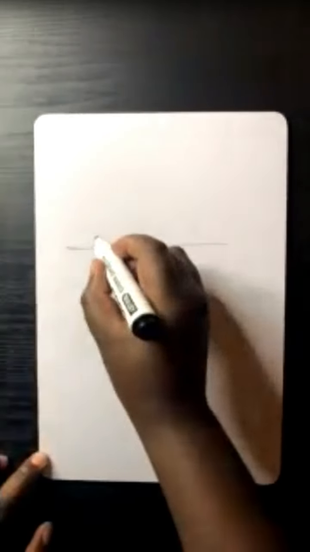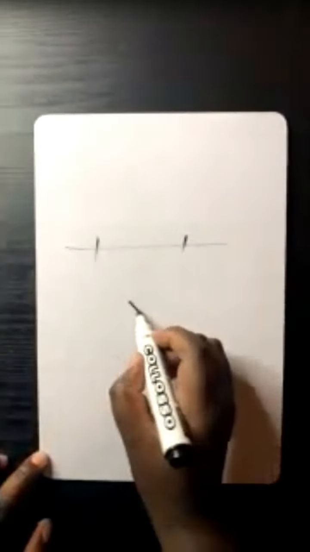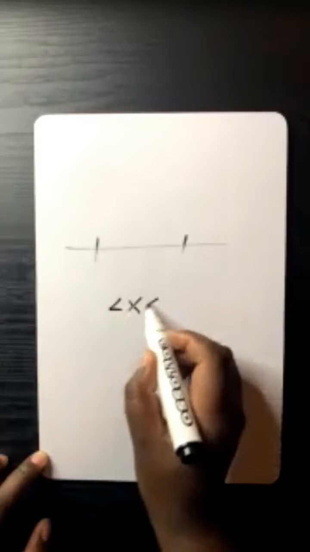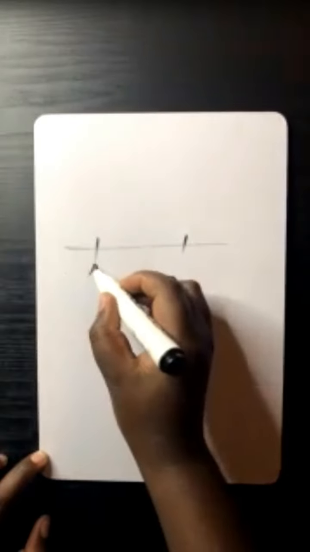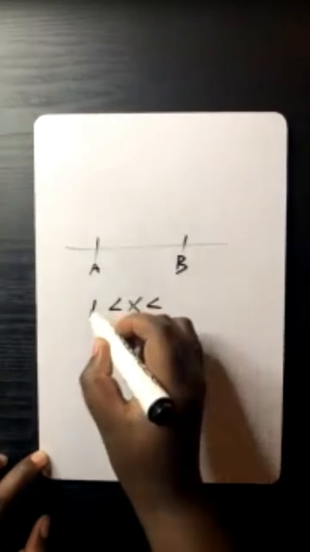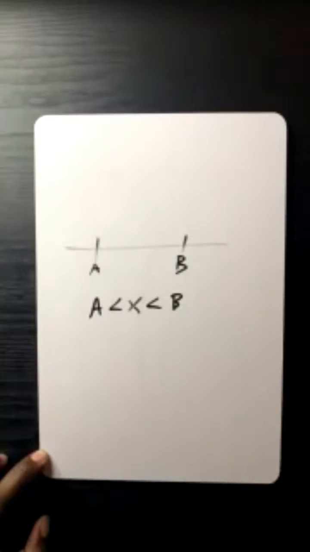Are you saying those type of questions where you say x is between, let's say, A and B? Is this your question? No, sir. The interval, sir, where you write a value, then you put a comma and then write an infinity sign.